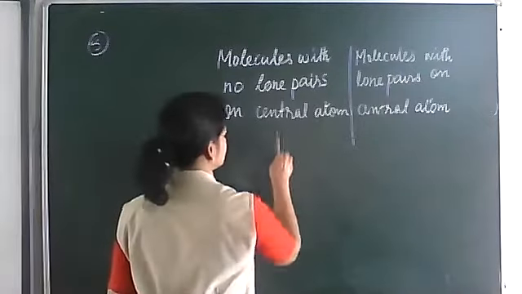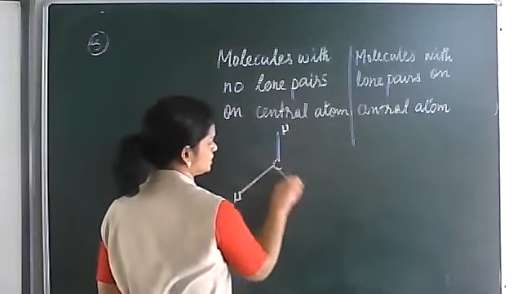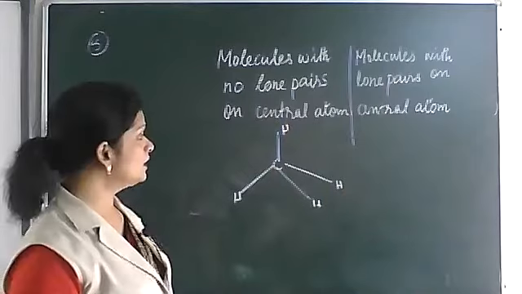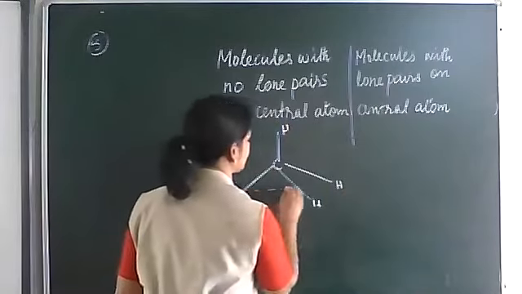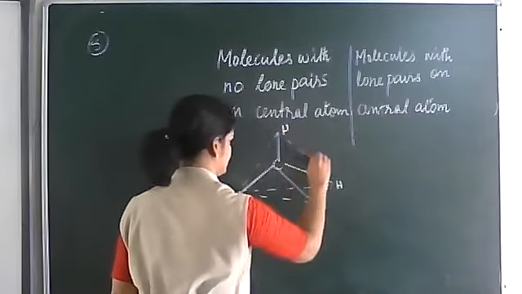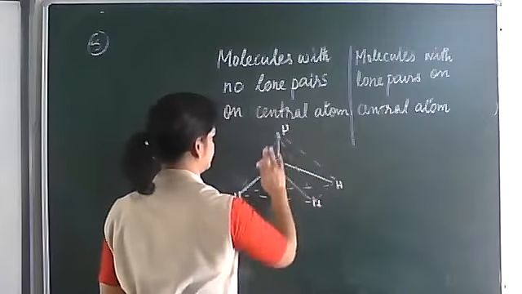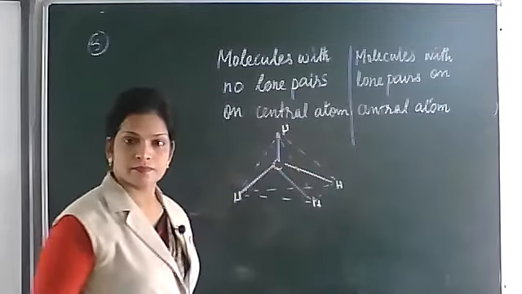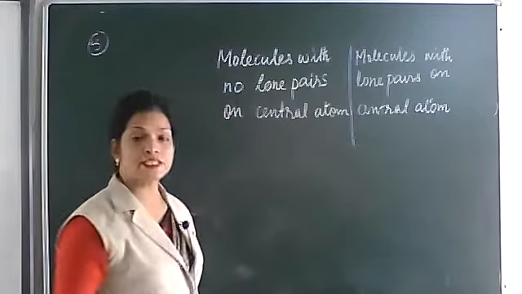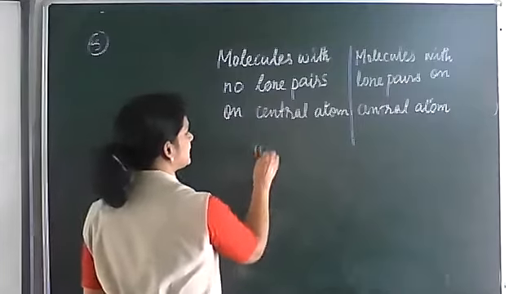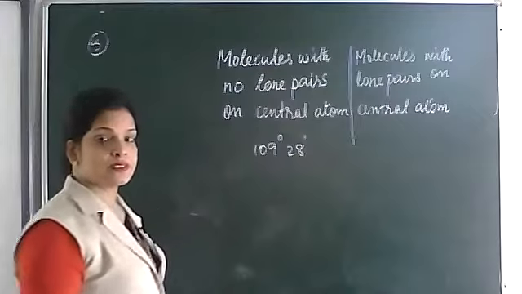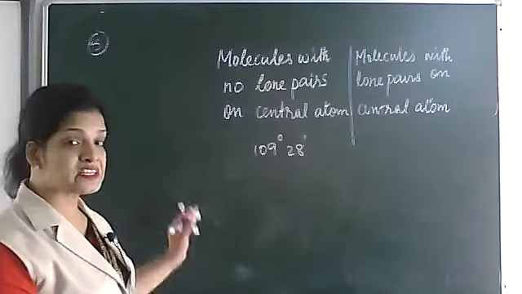We show it like this: C, H, H, H, H. CH4 regular tetrahedron. You can join them with dotted lines. This is CH4 with bond angle 109 degree 28 minutes. This is the tetrahedral angle. Maximum they can stay far apart using this bond angle. This is regular tetrahedral.